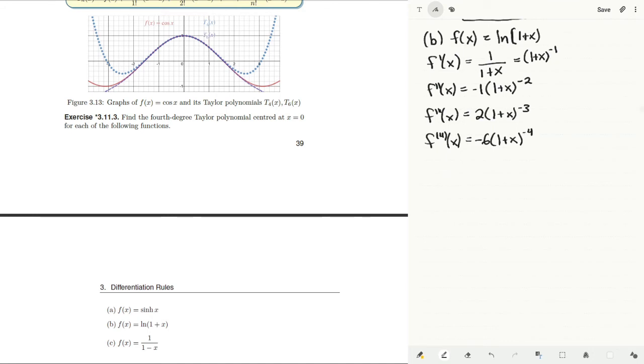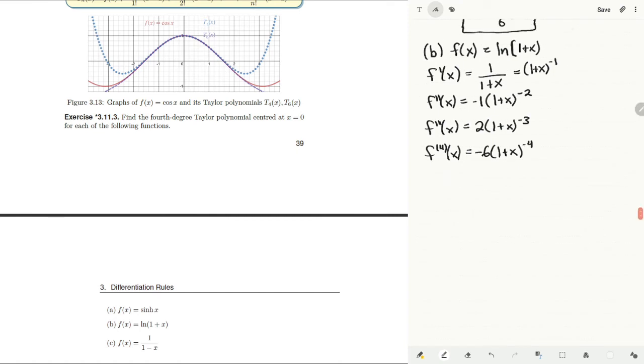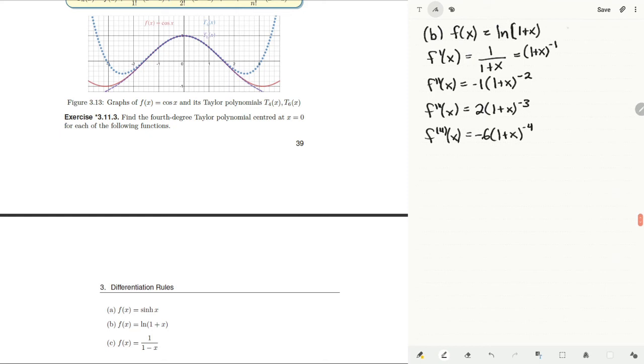So now let's evaluate all of these functions at 0. So f of 0 is the ln of 1, which is equal to 0. F prime of 0 is 1 plus 0 to the negative 1, which equals 1.